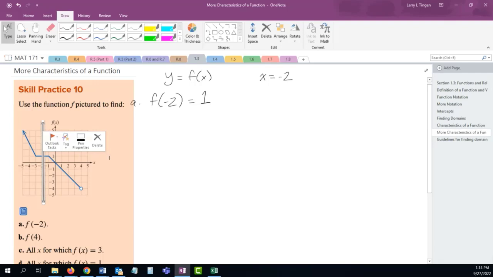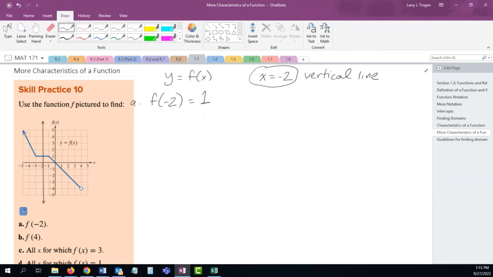So when I put x equals -2 on the graph, it's super easy to see, oh, it hits right here when y is 1. All right, so if that helps, what you could think of it as is I have a vertical line, and then I have y is equal to some function. I can consider this for cases when I'm given x, and I can consider this for cases where I'm given y.